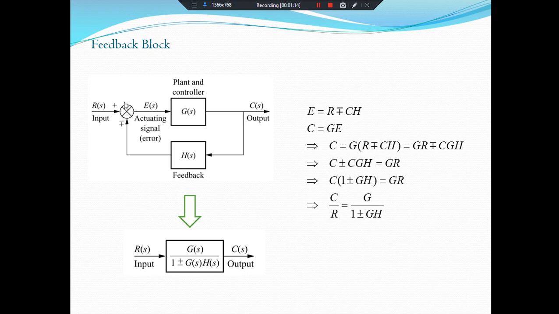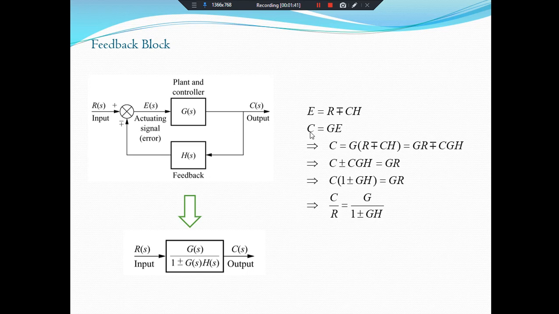So the input will be added or subtracted with this feedback. And what will be this feedback? It will be the output multiplied by the feedback block H of S. So the error will be R of S, the input, plus or minus the output times the feedback transfer function.